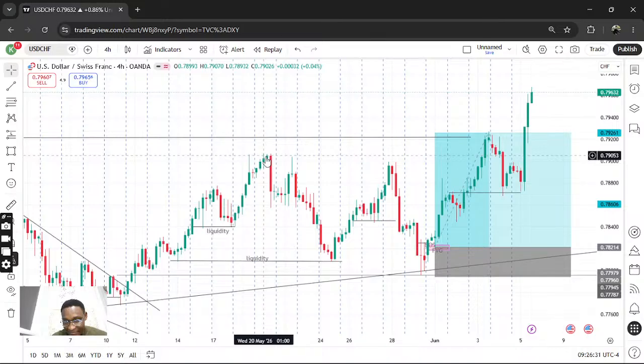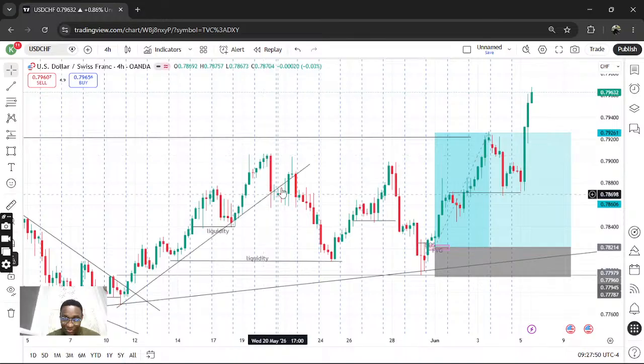So let me show you another sign that was a rejection. Now look at this. What does this tell you? The market was creating high, high, high, low, high, high up to this point. Then at this point it broke the structure, but was creating a lot of rejections, and then traded into it again.